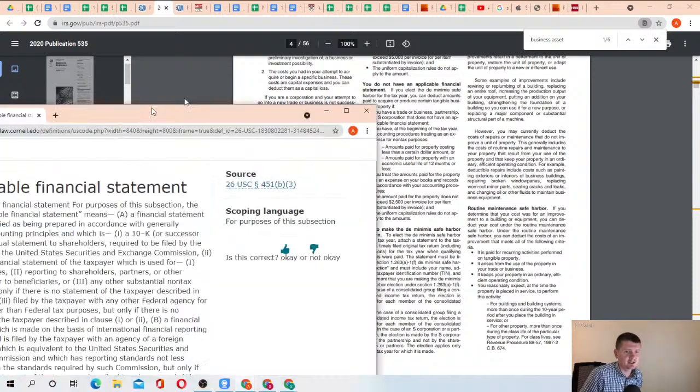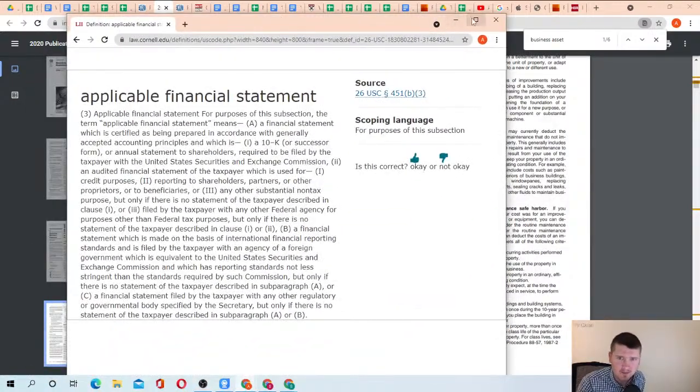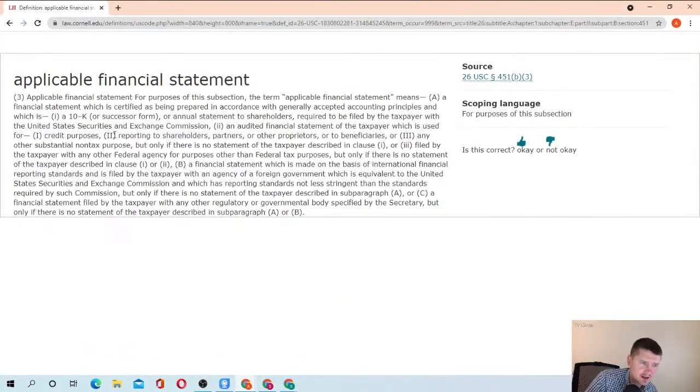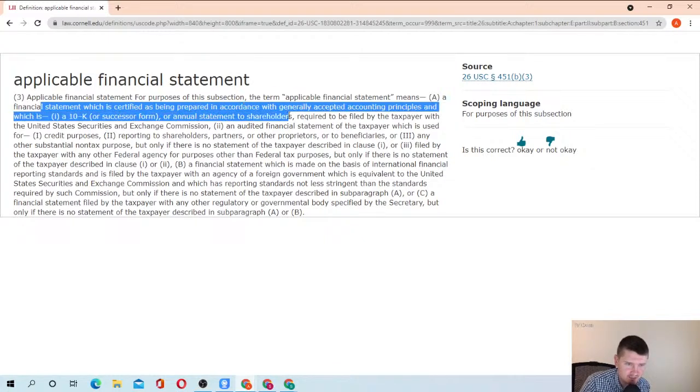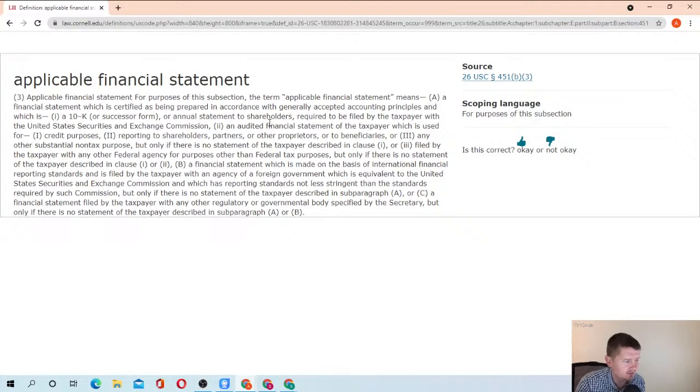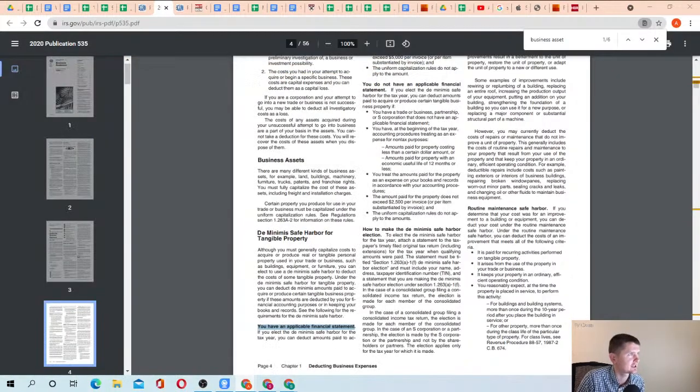So basically here is the definition of applicable financial statement. Basically it says that you need to have a certified financial statement. That means that you kind of have a CPA who certifies your financial statement. And that is not the case for most small businesses. That is why for small business your threshold is usually 2,500.